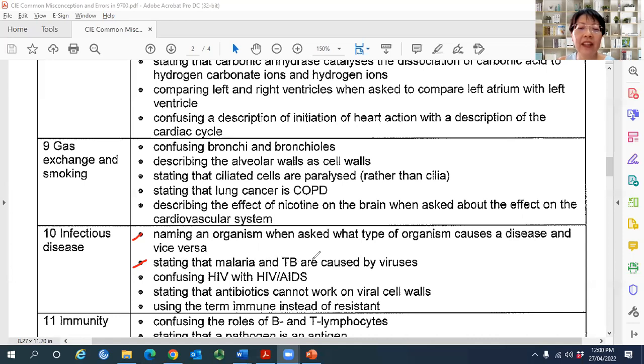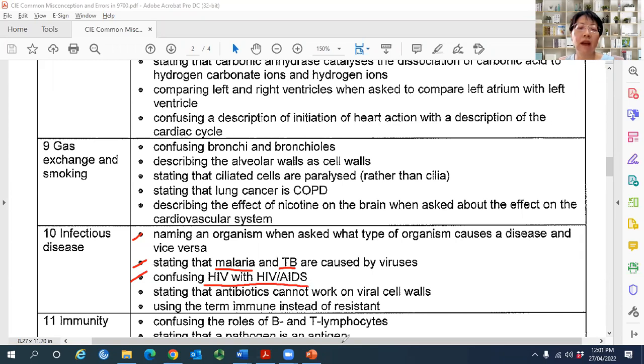Stating that malaria and TB are caused by viruses. Ayo, this one, how can? Malaria is a protoctist, right? TB is what? Bacteria, isn't it? This one confused me. Please go and study properly. Confusing HIV, this is what happened in your AS trial exam.